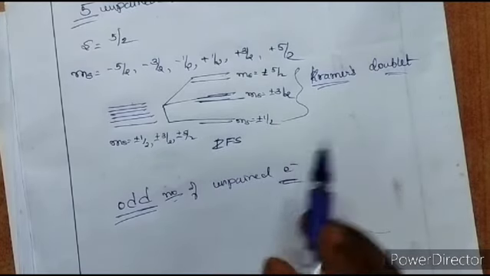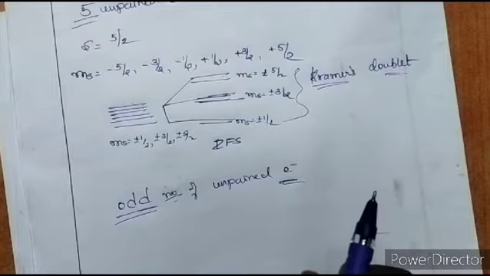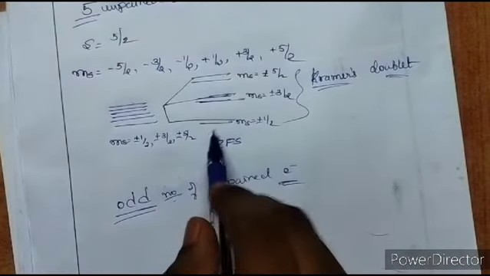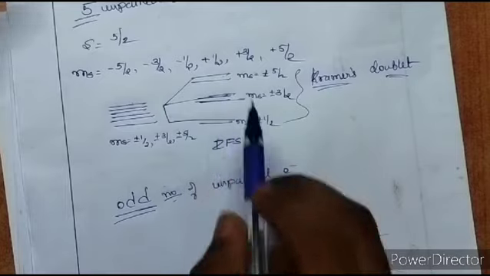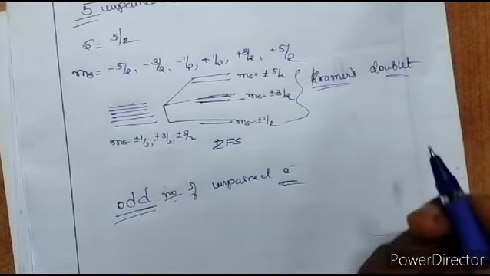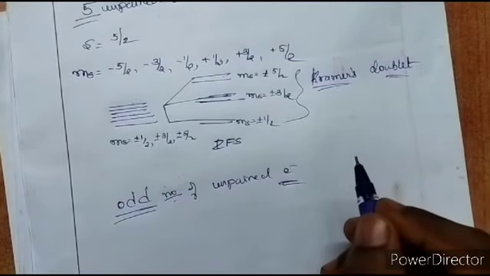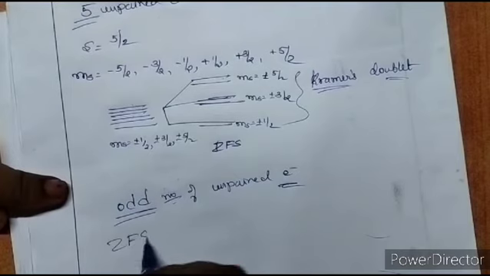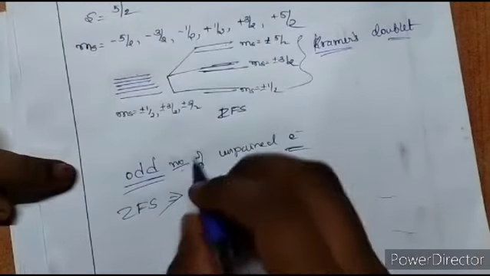Now one more thing I forgot to mention: why does the ms level split in the absence of a magnetic field? This is the splitting of the ms level. Why does the splitting take place in the absence of a magnetic field? That is mainly because of the interaction of unpaired electrons. Zero field splitting is mainly because of what?